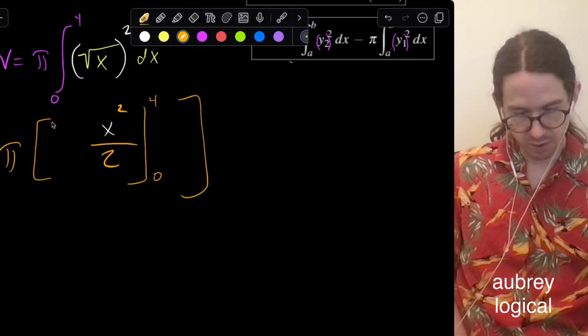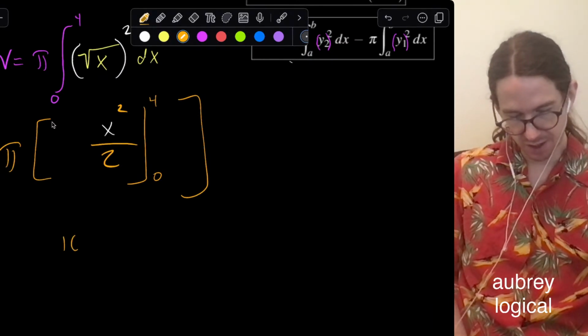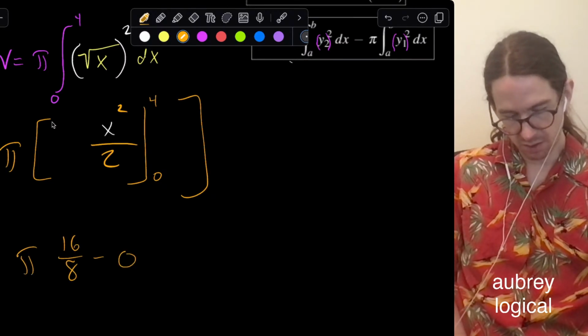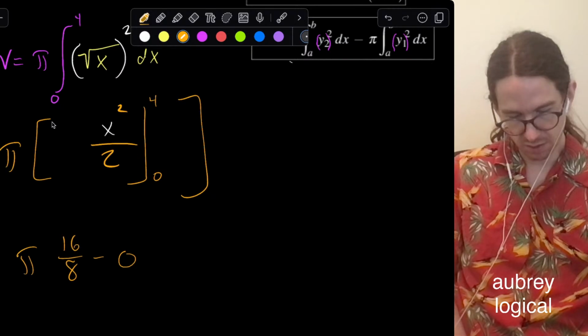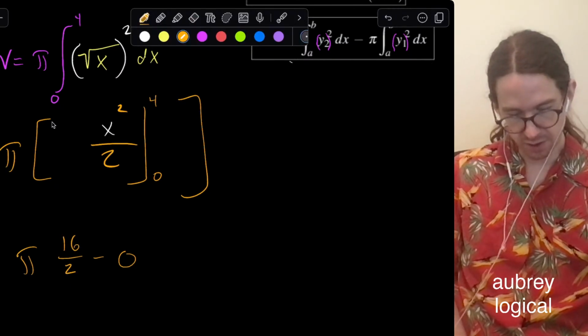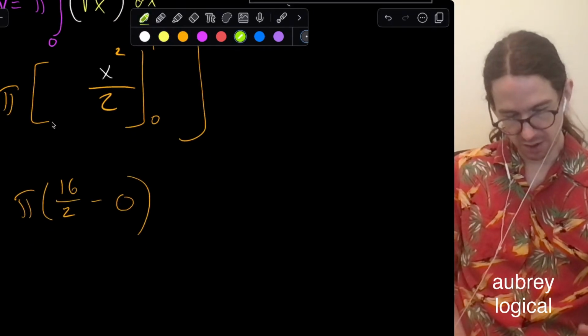So let's go ahead and plug in our number. We have 4 squared is going to be 16 over 2 minus 0. 16 over 2. So our final answer is going to be 8 pi.